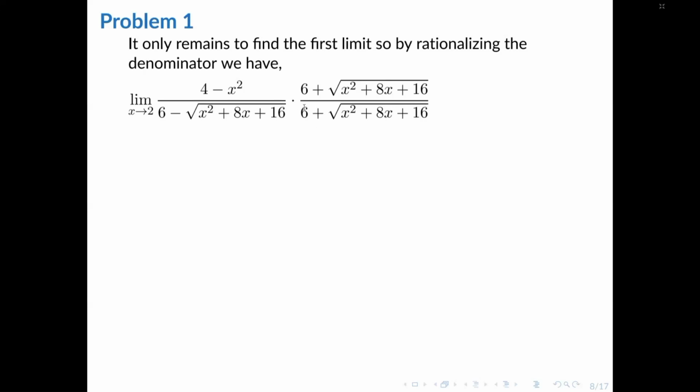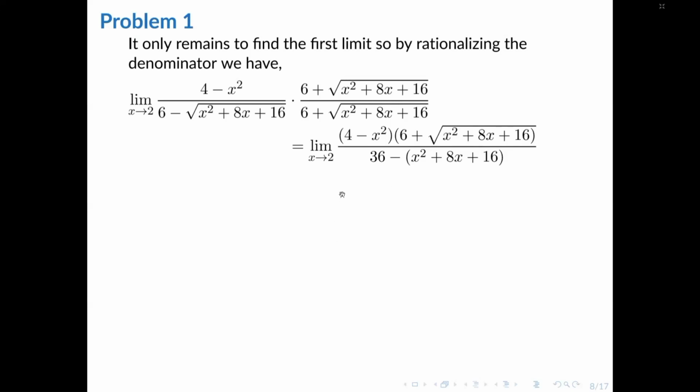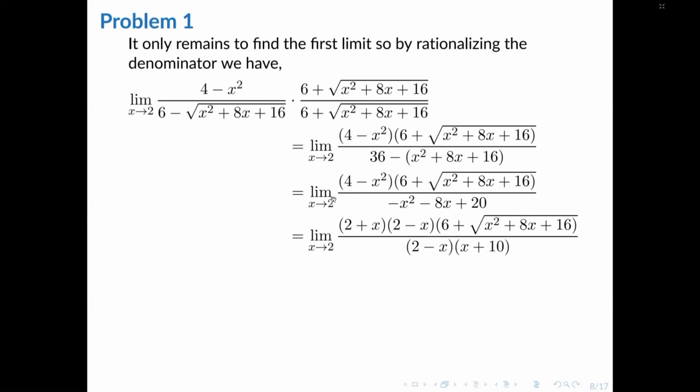We rationalize the denominator by the conjugate 6 plus the square root of x squared plus 8x plus 16. Simplifying further, we get the limit of the quantity 2 plus x times 2 minus x multiplied by 6 plus the square root of x squared plus 8x plus 16 all over 2 minus x times x plus 10.